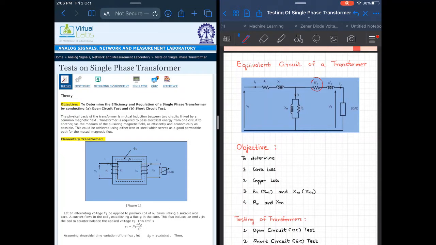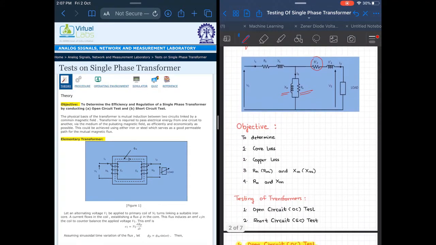That is, the core loss resistance R0, magnetizing reactance Xm, the winding resistance R01 or R02, the leakage reactance X01 or X02. We need to determine these parameters in order to construct this equivalent circuit. To determine these parameters, we perform some tests on the transformer.